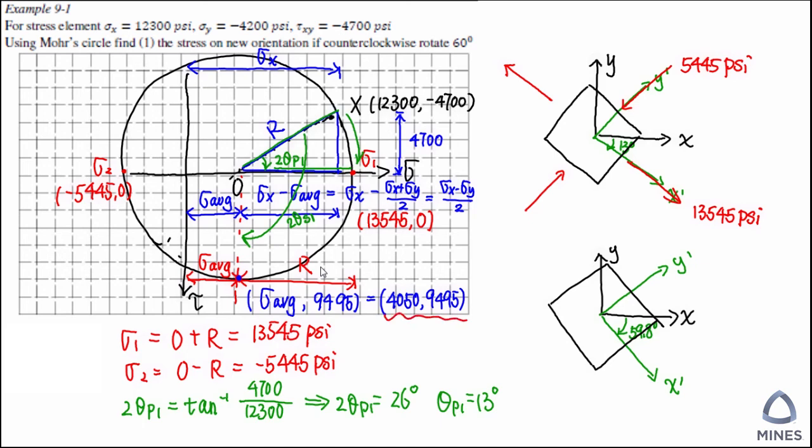On this stress element here, we do have a normal stress. And the shear stress here is positive, which means on the positive face, it has to go in the positive direction. So we can try to draw the stresses on the y prime face. So this is going to be the new stress element on the maximum shear stress status.